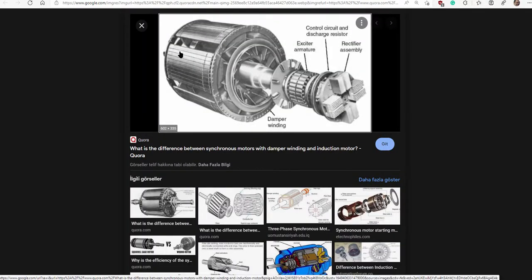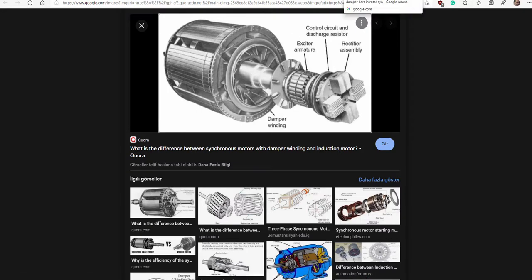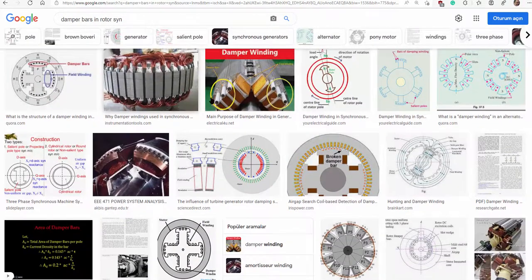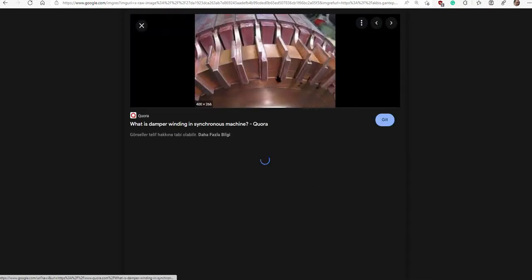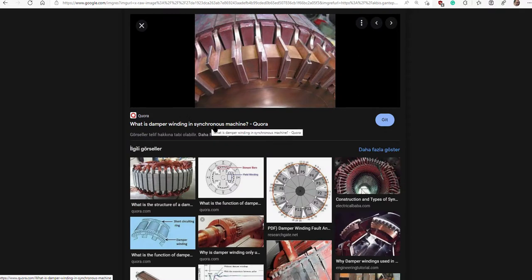The bars here look smaller in diameter, in size, but let's take this one. Here you see damper bars. They are much larger. Here you see some other damper bars, very large.